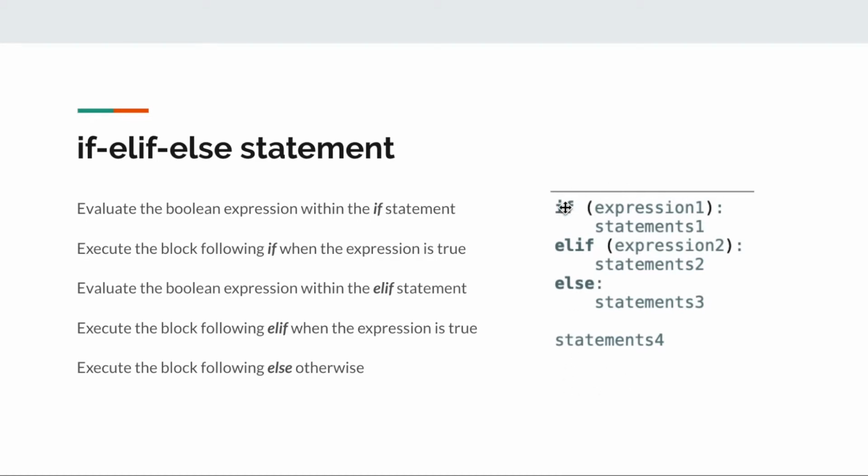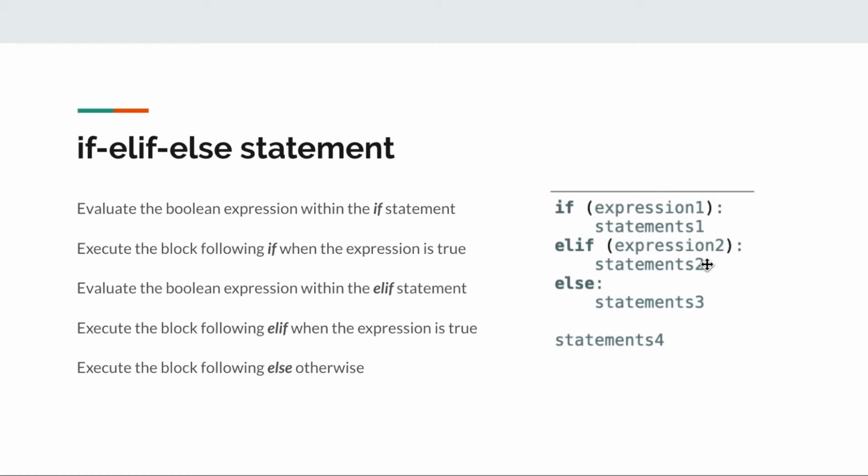So the way that we execute this statement is to first evaluate Boolean expression 1. If Boolean expression 1 evaluates to true, we do statements 1 and then statements 4. If expression 1 evaluates to false, we then evaluate expression 2.